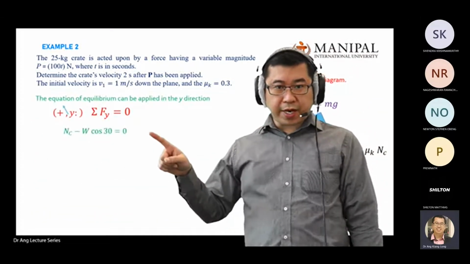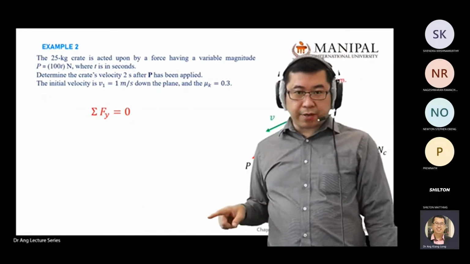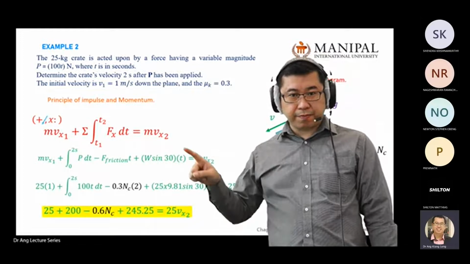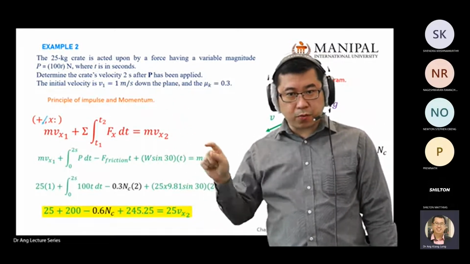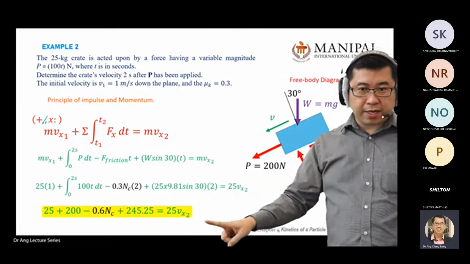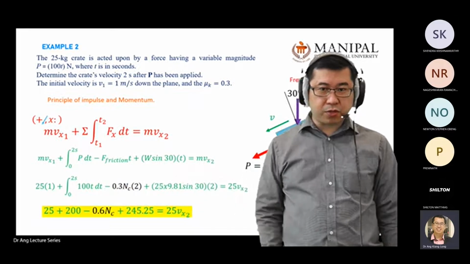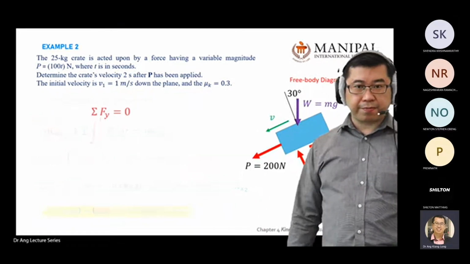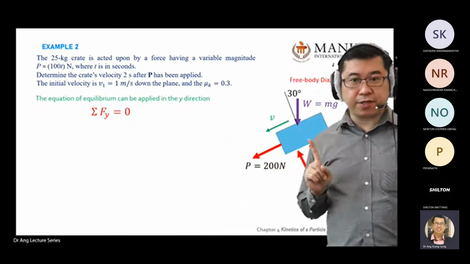Then we go for the y direction. Okay, we are clear with this principle of impulse momentum. Later we will look at y. We look at y, we will get another equation to solve Nc and V2. But here we use equilibrium of forces in the y direction first.